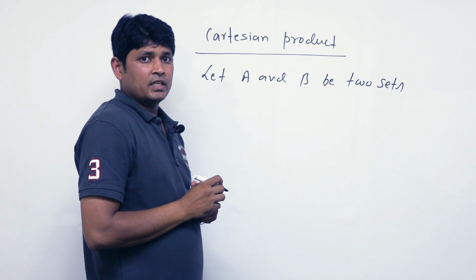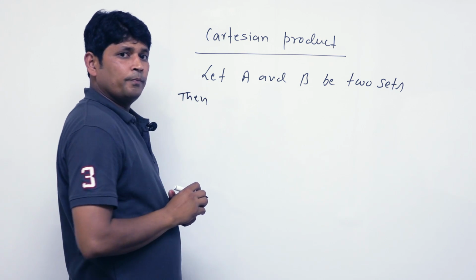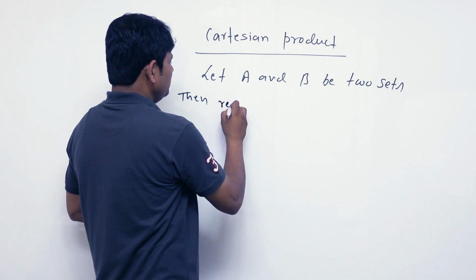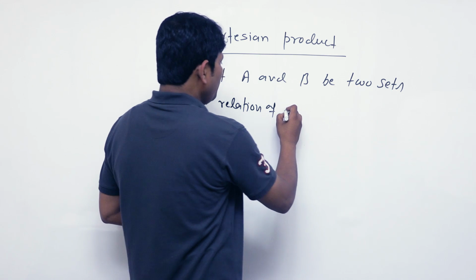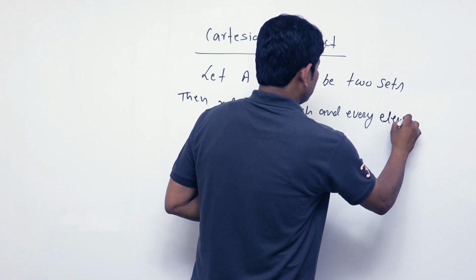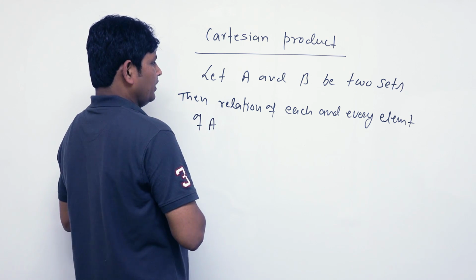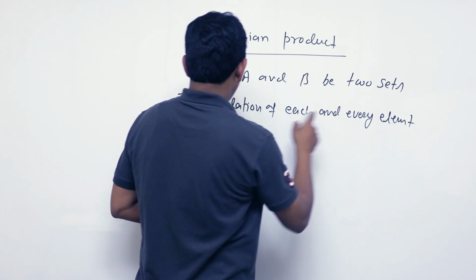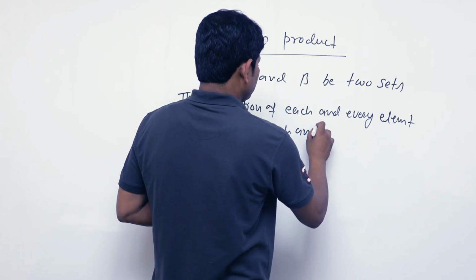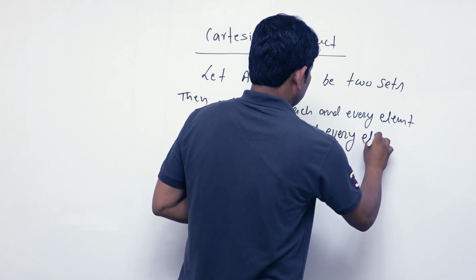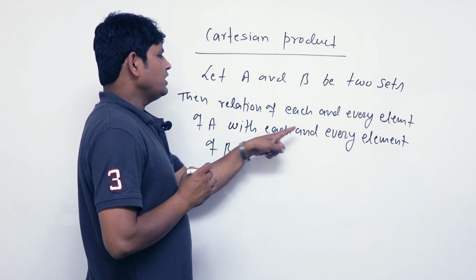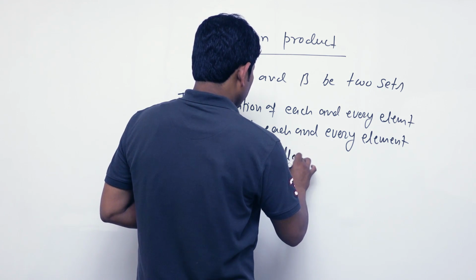Then the relation of each and every element of A with each and every element of B is called Cartesian product.